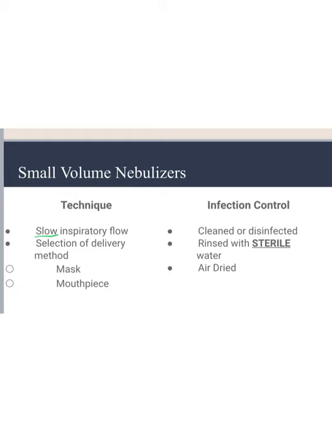So starting gas flow. When you start a small volume neb and you hook it onto the Christmas tree on that flow meter, you should set the gas flow, and you need to know this. It should be started at 6 to 10 liters per minute.